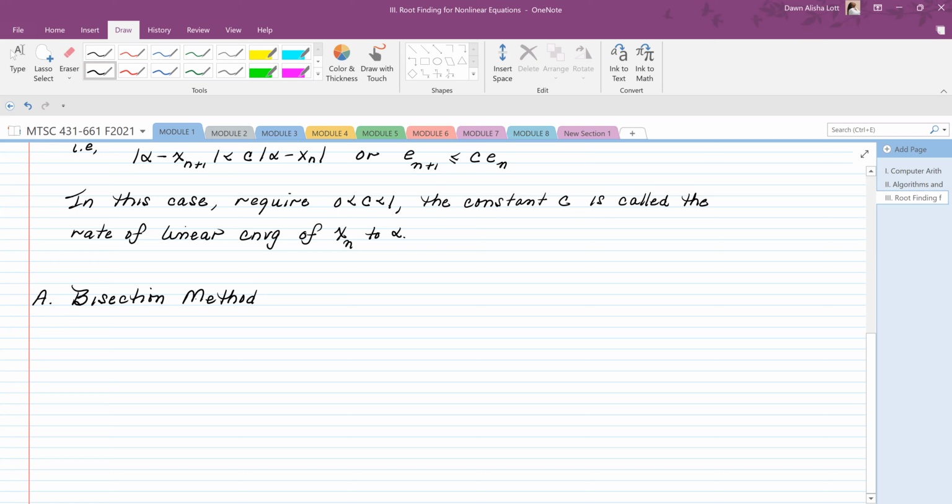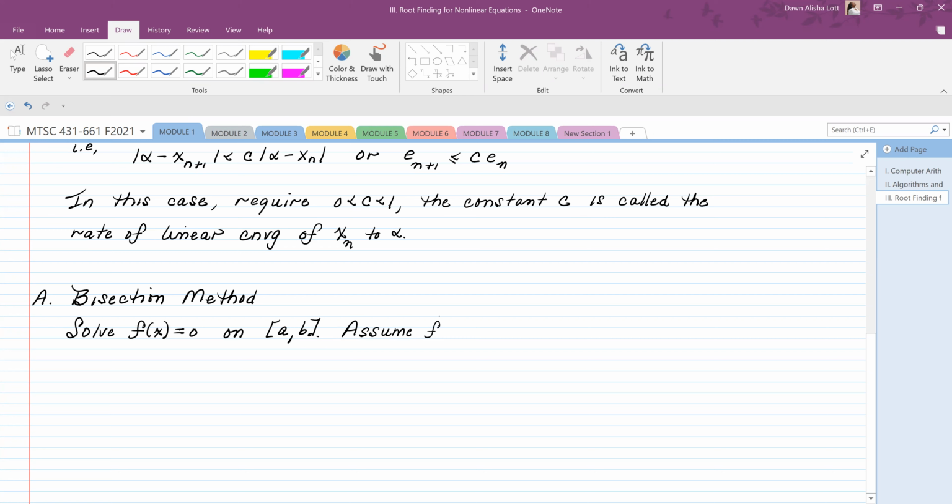Okay. So we want to solve f of x is equal to 0 on some interval AB.